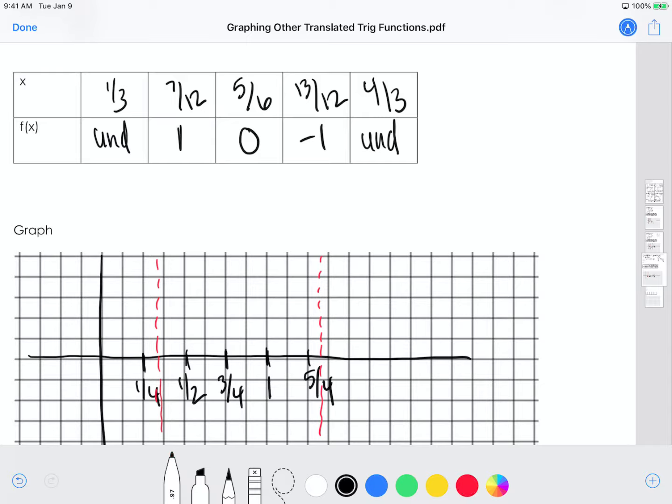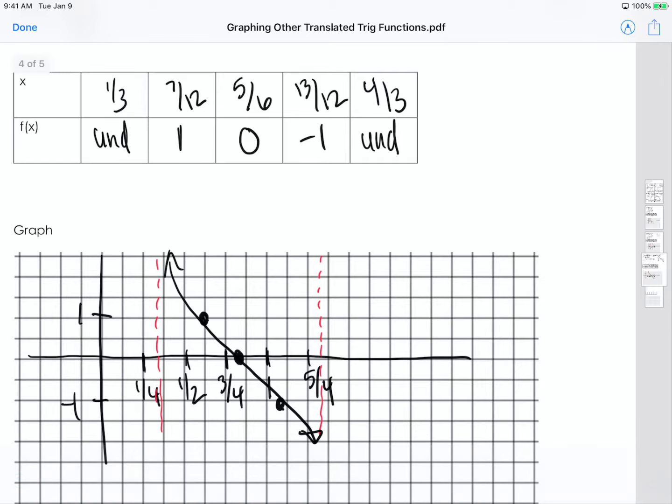Then at 7/12, which is a little bit bigger than a half, it's going to come up to 1. And then at 5/6, which is a little bit bigger than 3/4, that's going to come about right here. Then 13/12, which is a little bit bigger than 1, is going to come down to -1, about right here. And so this is going to be our graph of the translated function for cotangent.